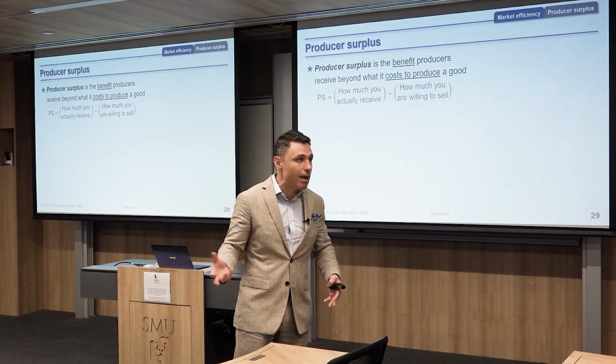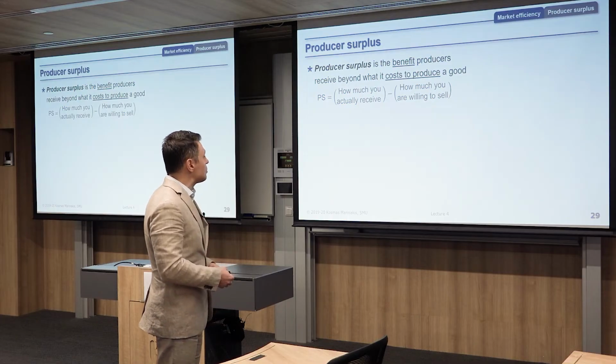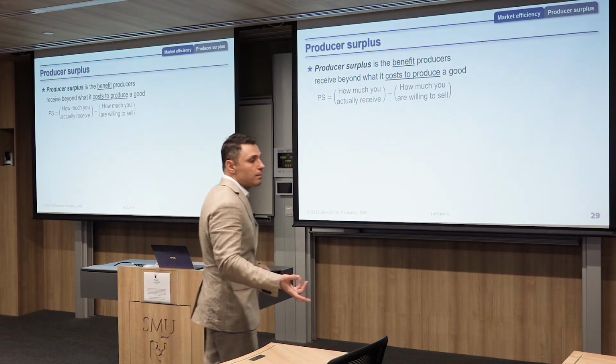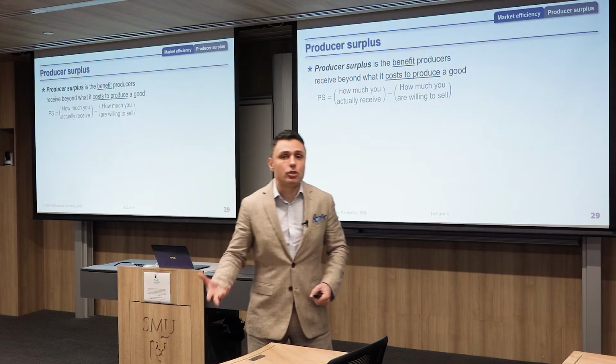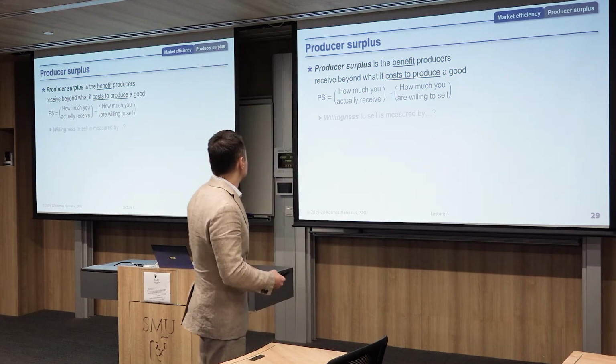You don't receive anything else. How much you want to sell is given by your supply decision. So willingness to sell is measured by the supply decision, and then actual payment received is given by the price.